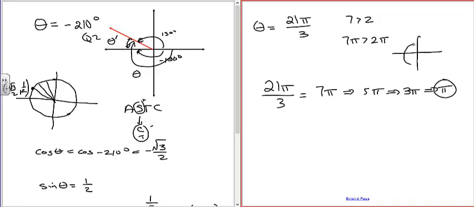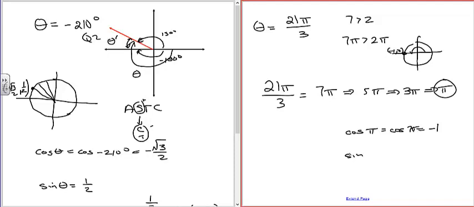Now this is on the axis. If you draw a unit circle, π is here. As far as the unit circle, it's (-1, 0). X is -1, y is 0. So the cosine of π, which is the same as the cosine of 7π, is -1.